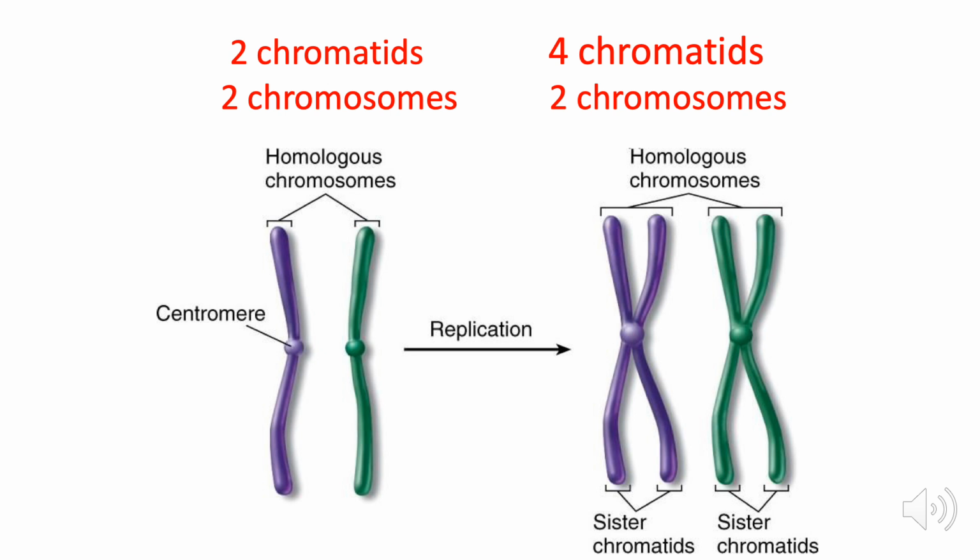Let's go to the duplicated chromosomes. They have total number of 2 chromosomes because they only have 2 centromeres. But if you will be asked how many chromatids are present in there, you have to count the number of arms. So how many chromatids can you find on the duplicated chromosomes? You have 4 arms, and that is now equivalent to 4 chromatids.